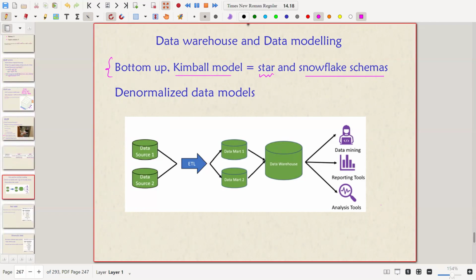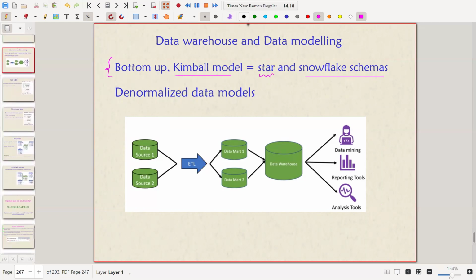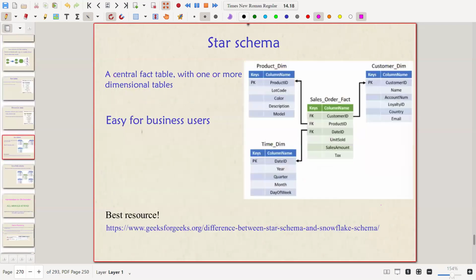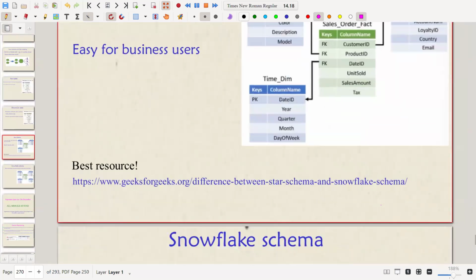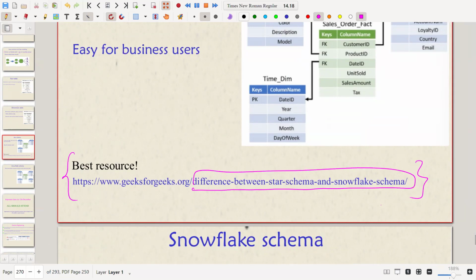However, I suggest you go to Geeks for Geeks. If you are interested, try going to this website. I hope many of you already know about it. Here they have given a very nice explanation of the difference between star schema and snowflake schema.